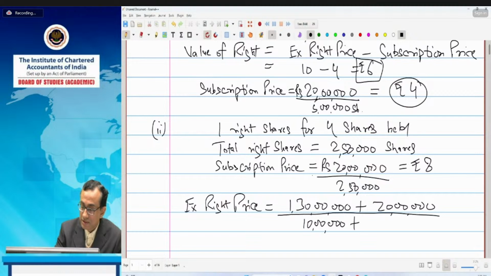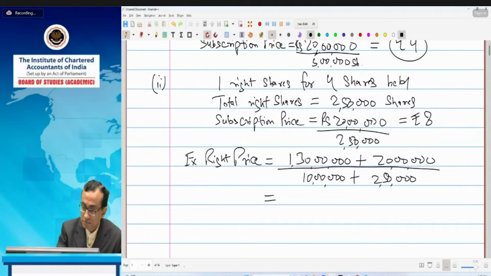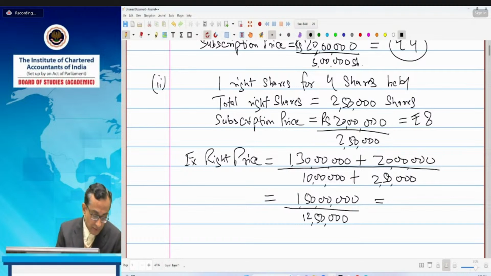And now for the right issue, the shares are 2,50,000. So it will be 1 crore 50 lakh divided by 12,50,000. Let us calculate it. It's coming to 12.